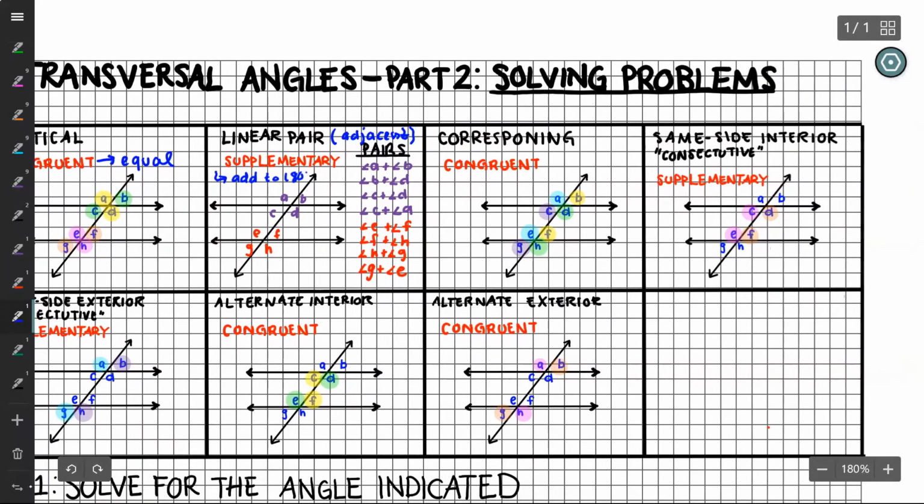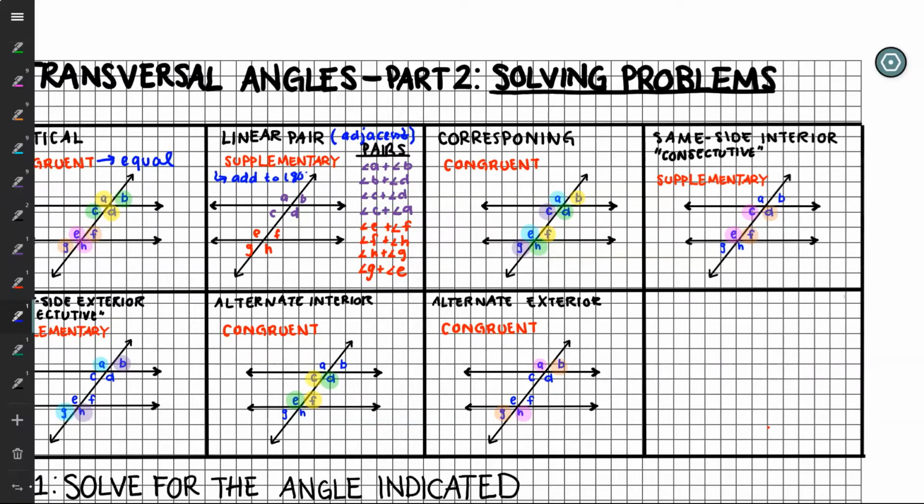Alright, next we have our alternate interior angles. So alternate means opposite sides. So we're on opposite sides of our transversal and inside of our parallel lines. So we have angles C and F, and angles E and D are alternate interior angles. Alternate interior angles are congruent.